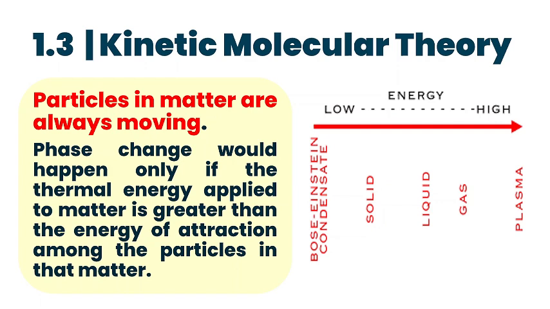So what else does kinetic molecular theory state about the phases of matter? Well, it adds that phase change would happen only if the thermal energy applied to matter is greater than the energy of attraction among the particles in that matter.